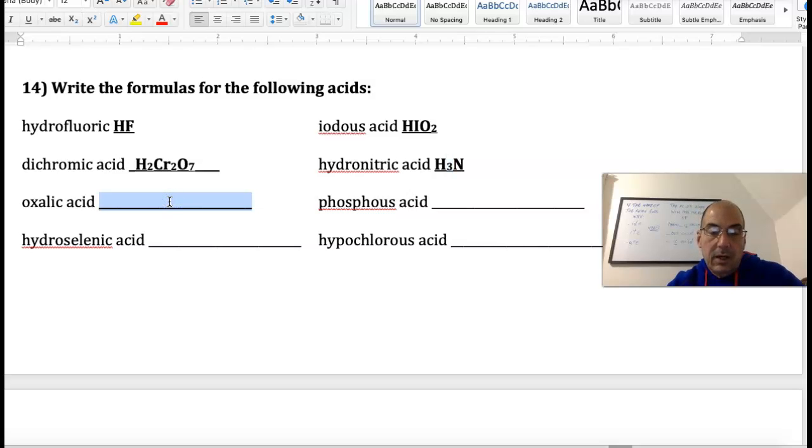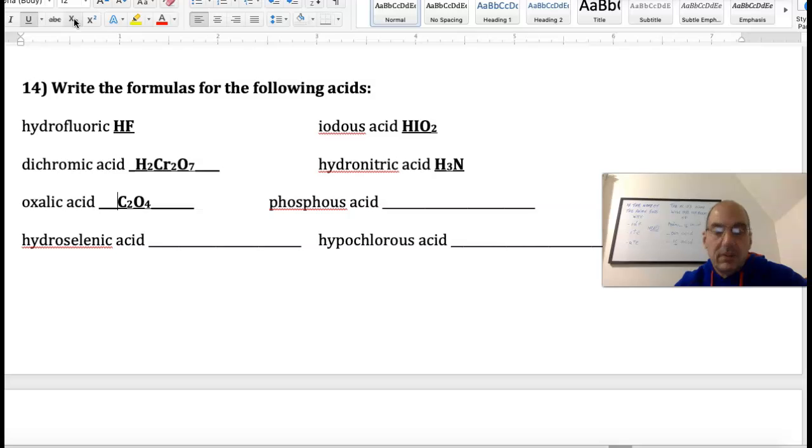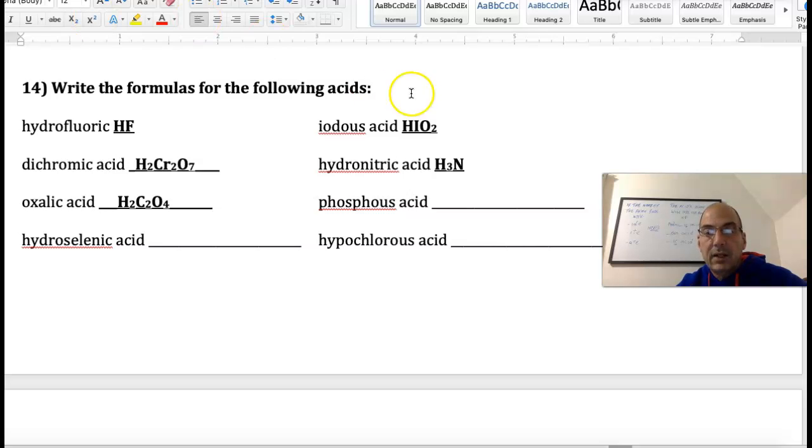Okay, so oxalic acid. We're talking about an oxalate ion. Oxalate is C2O4, and it's 2-. If it's 2-, that means I need 2 hydrogens in front to balance the charge. Phosphorous means I'm talking about a phosphite ion.